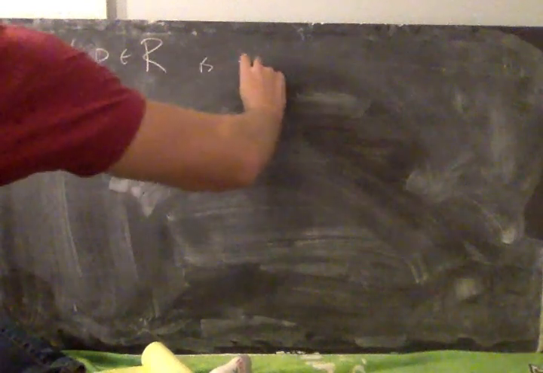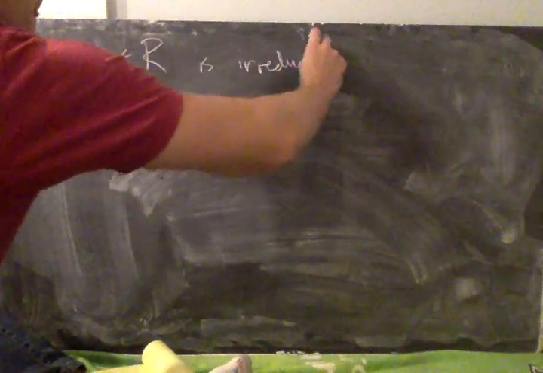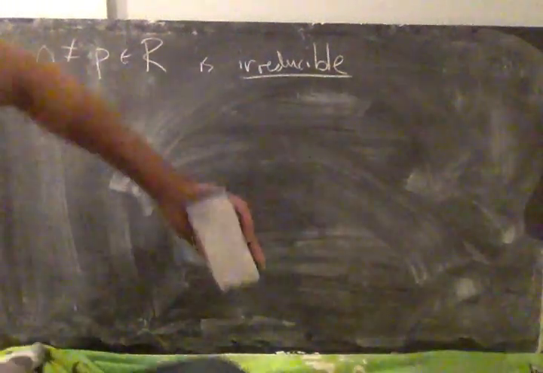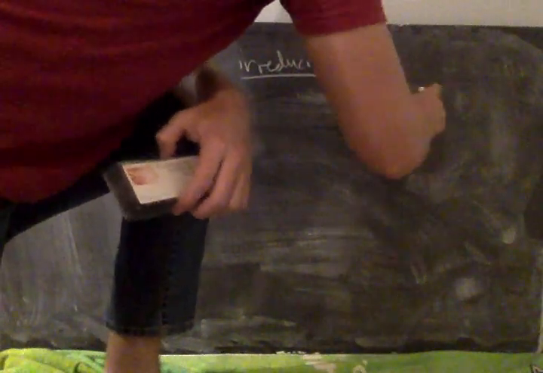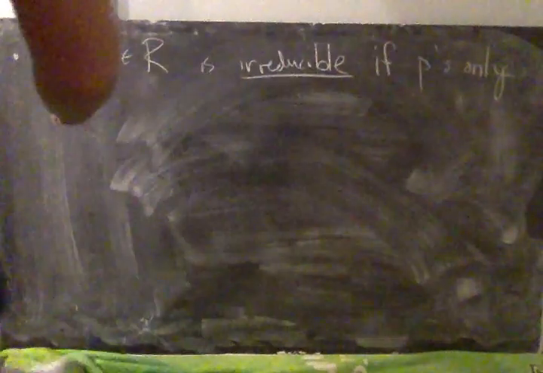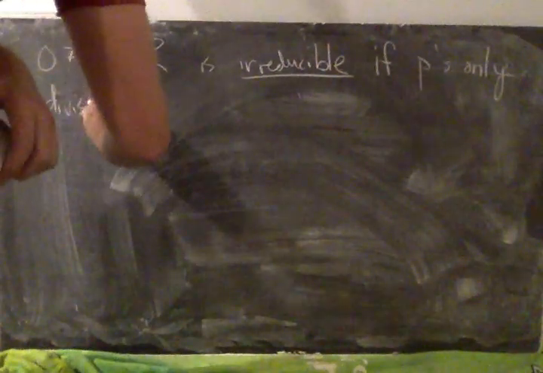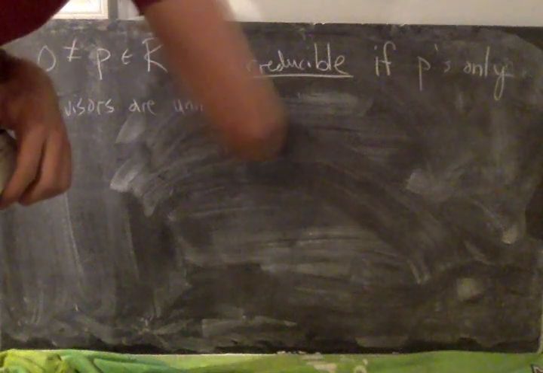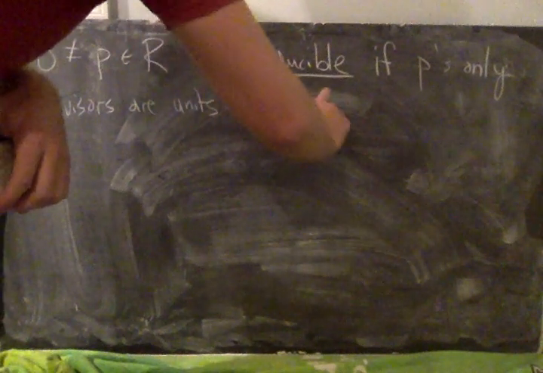So if you have some non-zero element p of your integral domain, then p is irreducible if p's only divisors are units and p's associates.